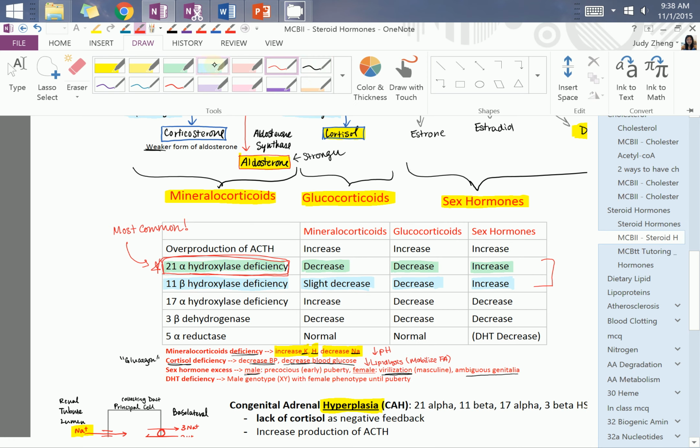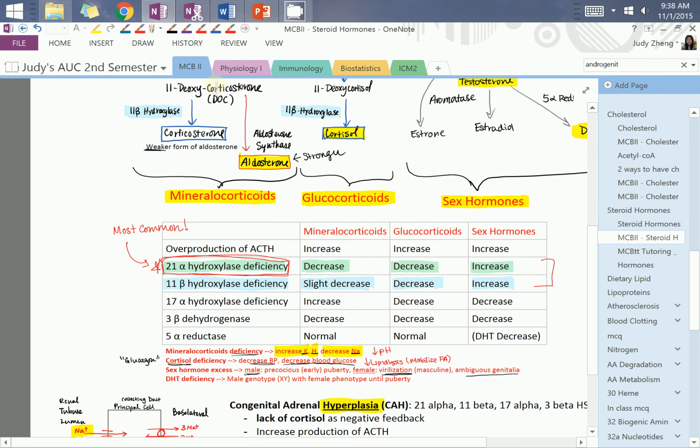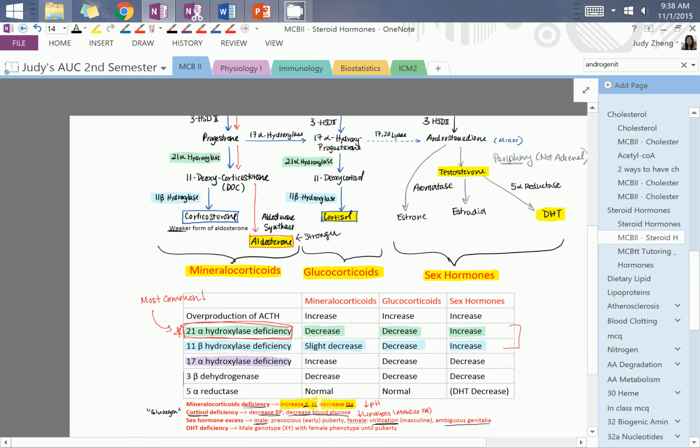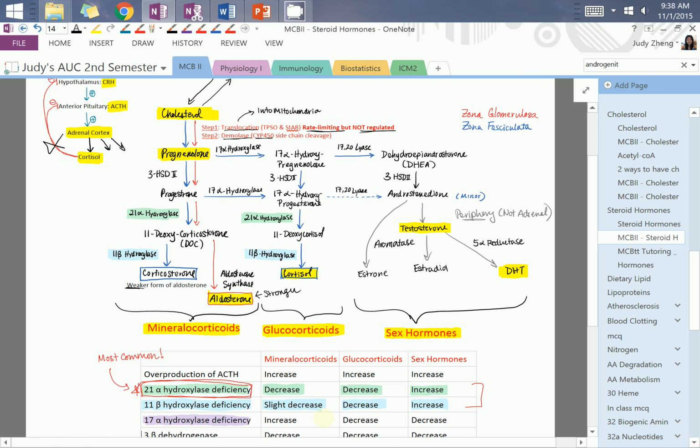Okay, so the next one is the 17 alpha hydroxylase deficiency. So this one is going to present different from the 21 and the 11. Let's go find 17 alpha hydroxylase up here. So 17 alpha hydroxylase is here and here. And notice with the 17 alpha hydroxylase deficiency, you won't have any problems making mineralocorticoids, so that's fine.